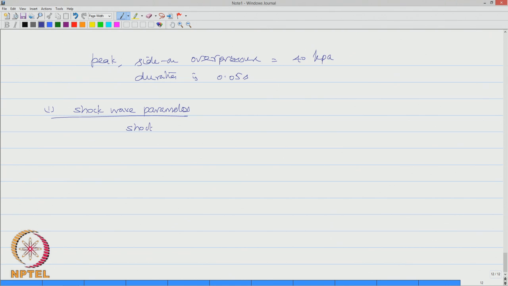Shock wave velocity u is given by 345 times 1 plus 0.0083 PSO raised to the power of 0.5. So, u is 345 times 1 plus 0.0083 into 40 raised to the power of 0.5, which is 398.172 meter per second.